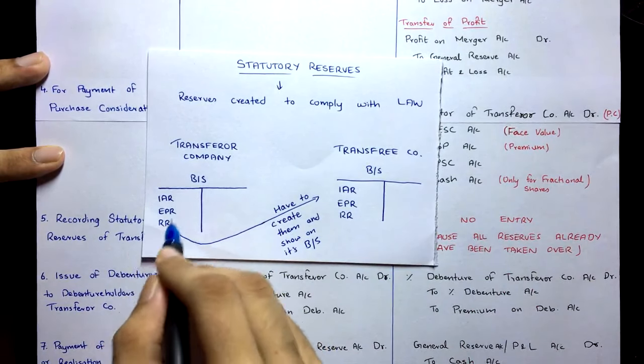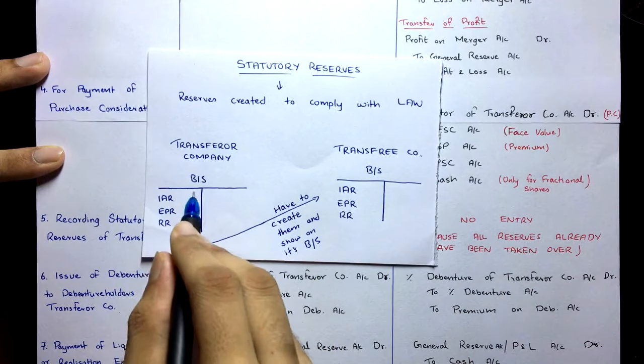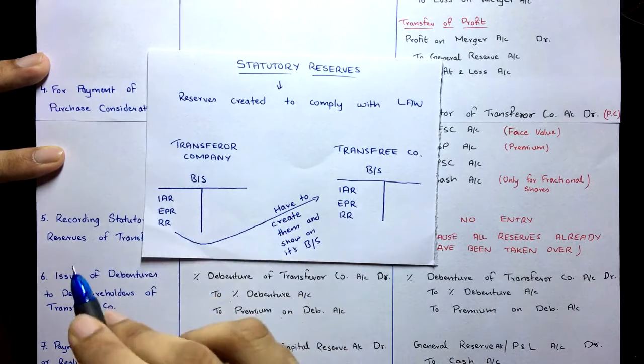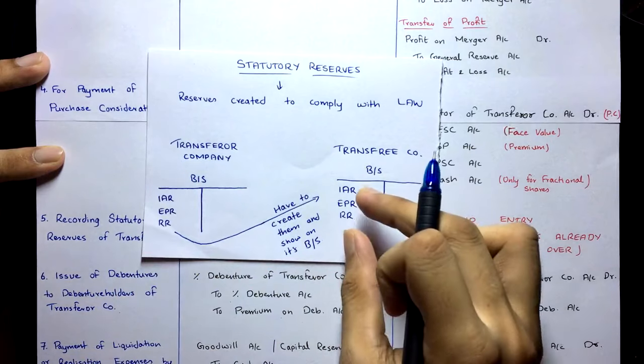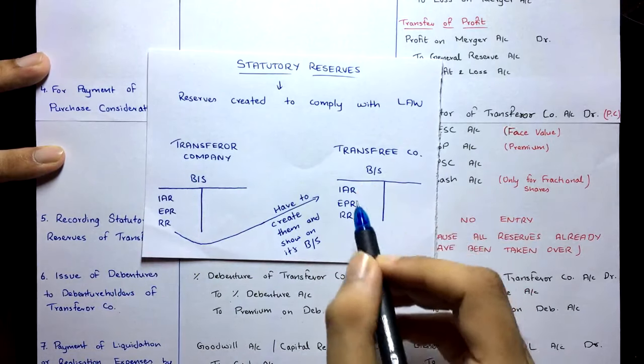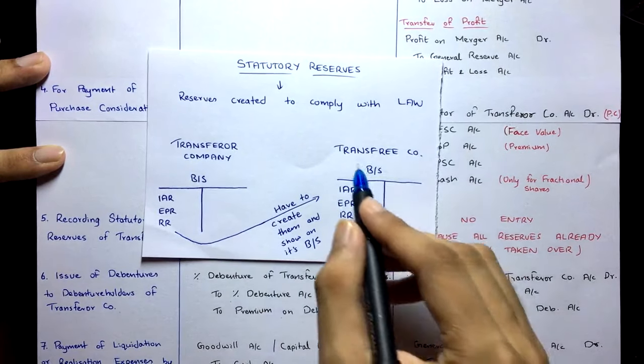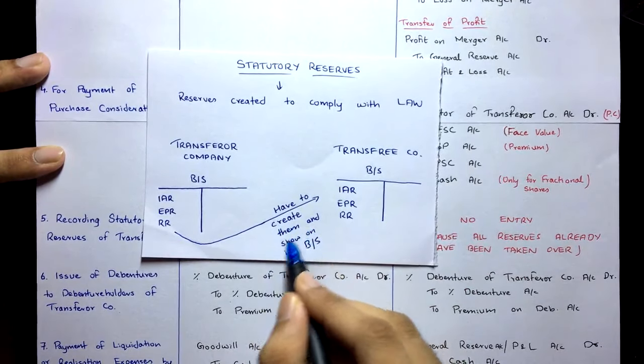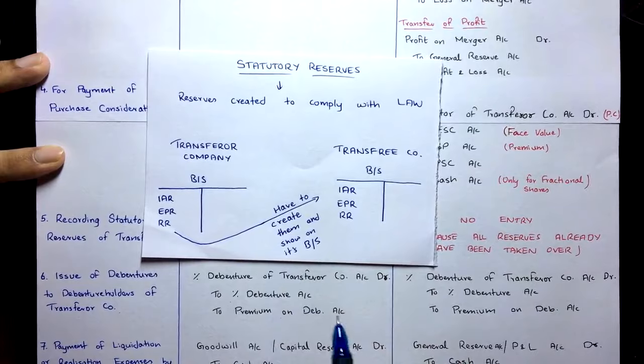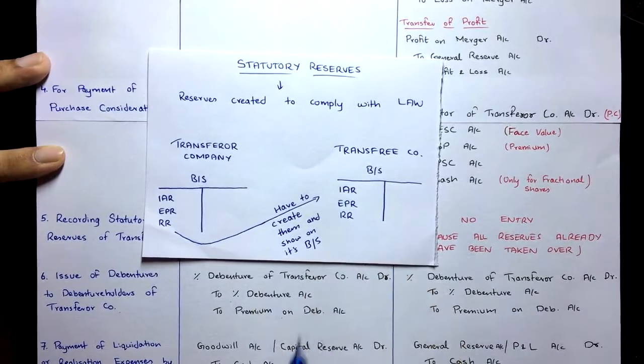Those statutory reserves which were on the face of the balance sheet of the old company have to be exactly mirrored, exactly created on the new company's balance sheet also. So the transferee company has to create them and show those statutory reserves on its balance sheet. It is mandatory.